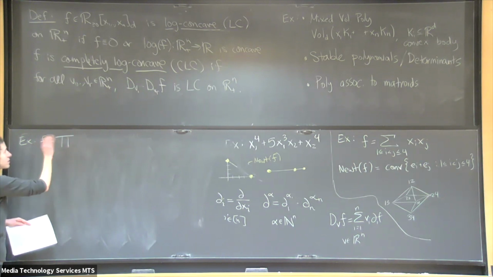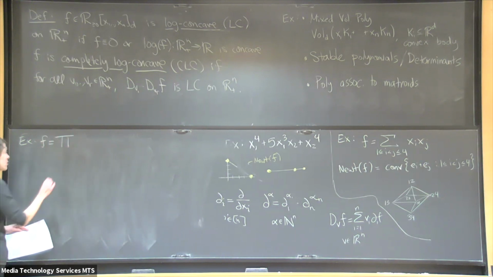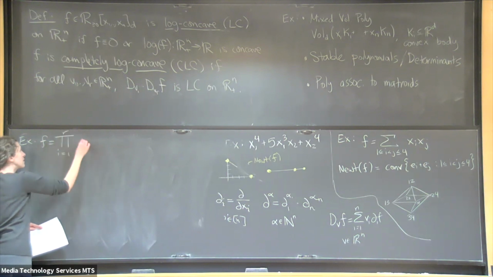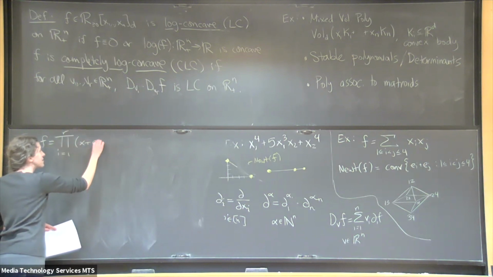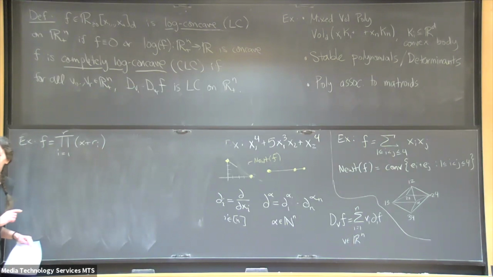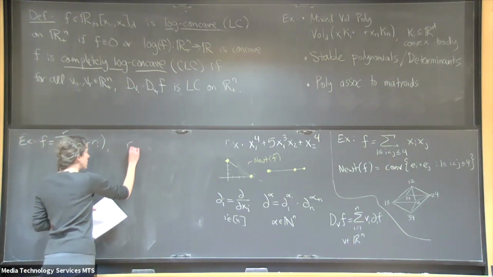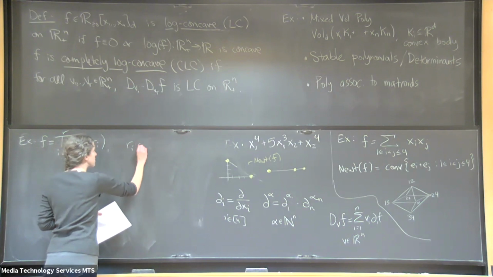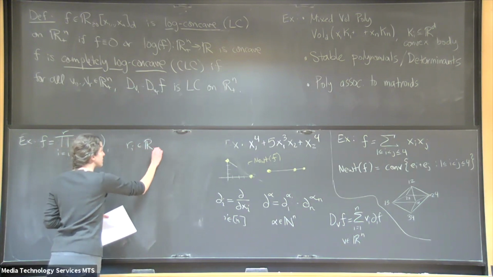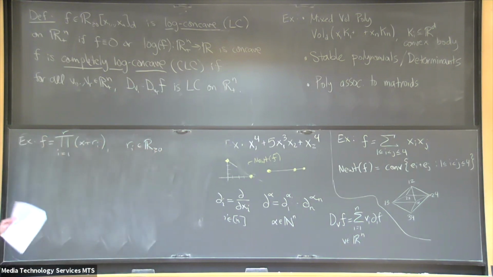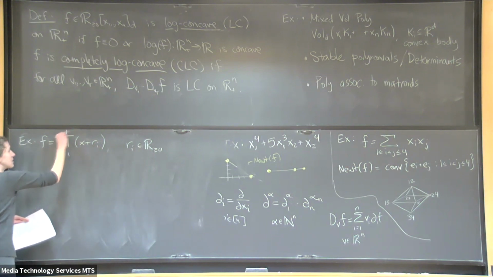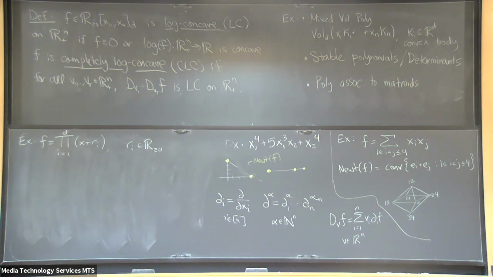So let's ignore homogeneity for the moment. Let's just take a polynomial in one variable with real non-positive roots, so the r_i will be non-negative, of any degree d, real-rooted with non-positive roots.